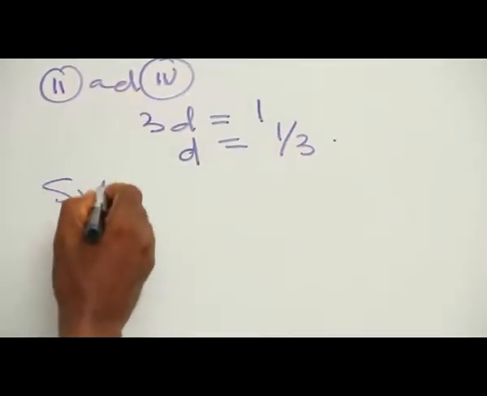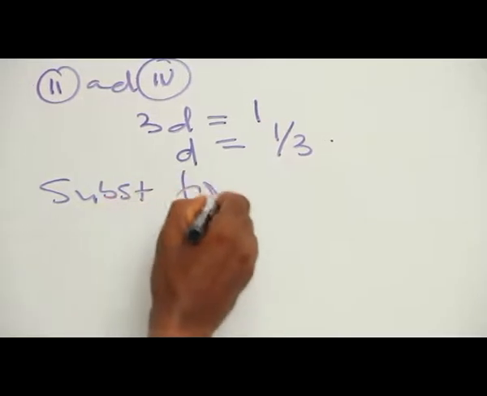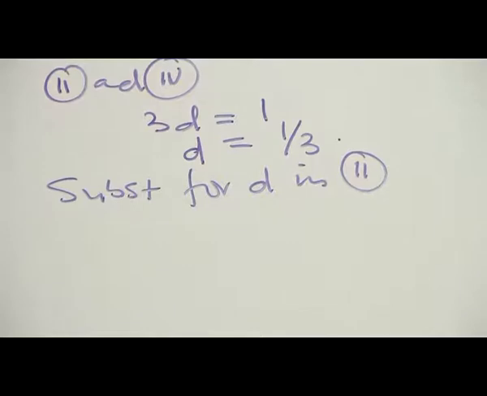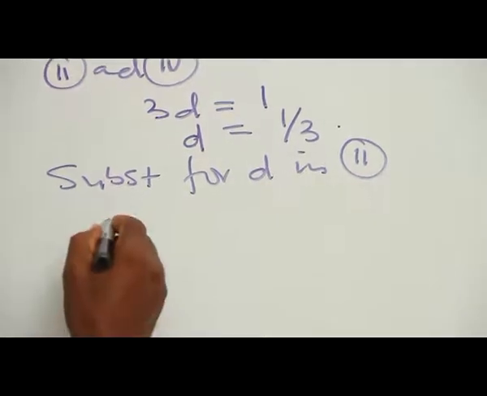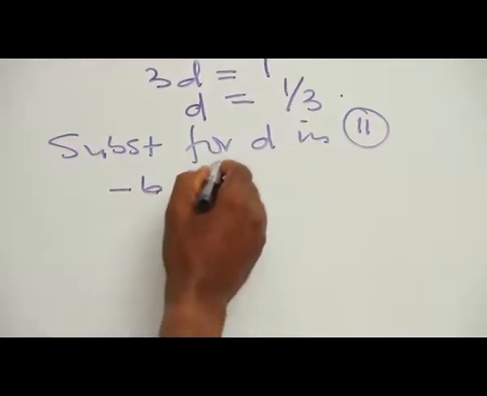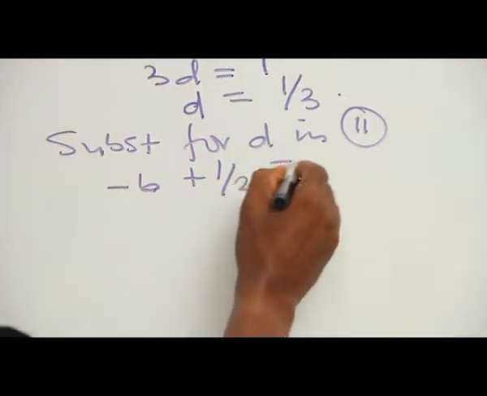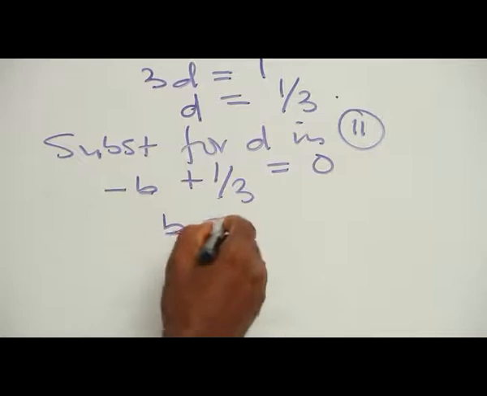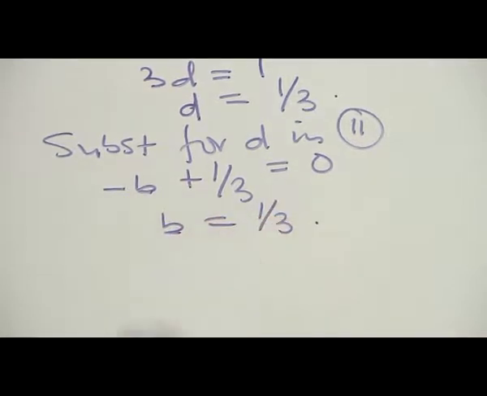You can now substitute for D maybe in equation 2. In equation 2 you have minus B plus 1 over 3 is equal to 0. In this case, our B is equal to 1 over 3.